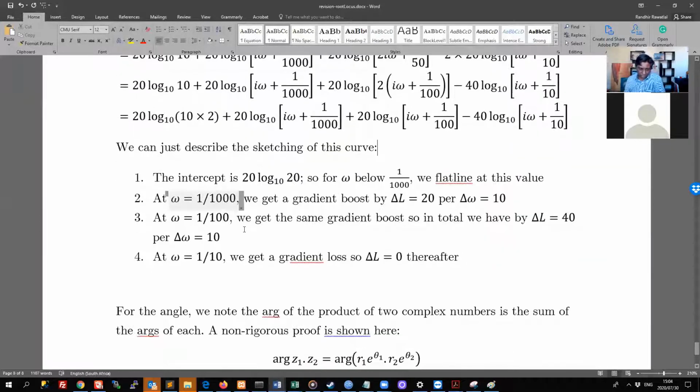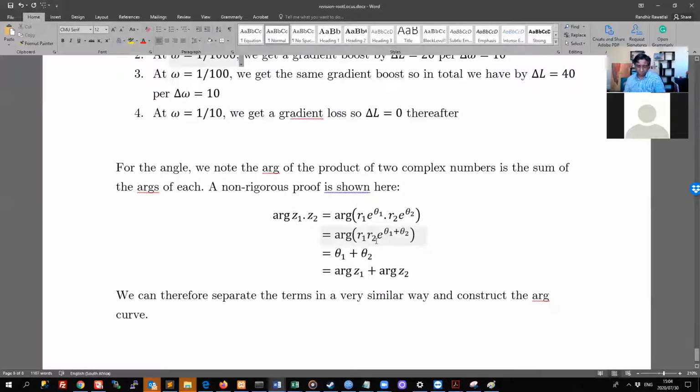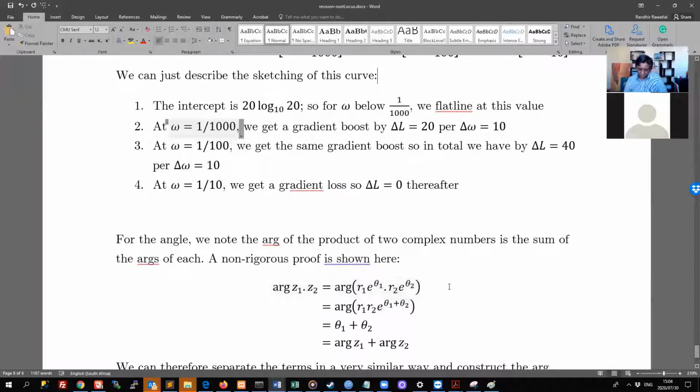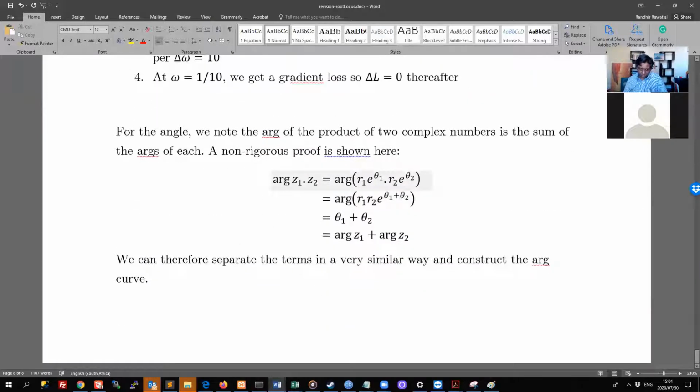There is also the angled side of it. So a Bode plot is broken into your log modulus and then your argument of your complex number. And the same approach applies here. So if you have the argument of two numbers, I've written a brief motivation for that. The argument of the product of two numbers is equal to the sum of the arguments of the individual numbers.